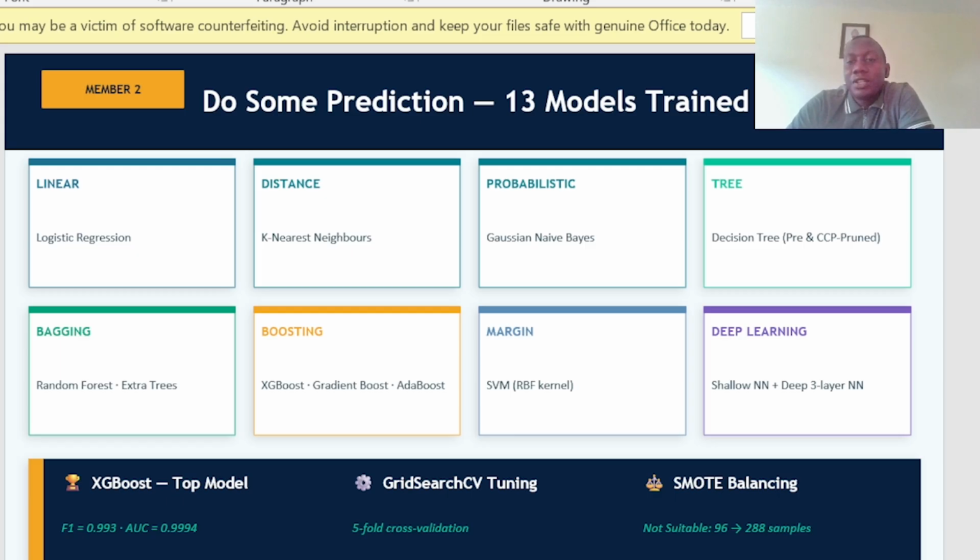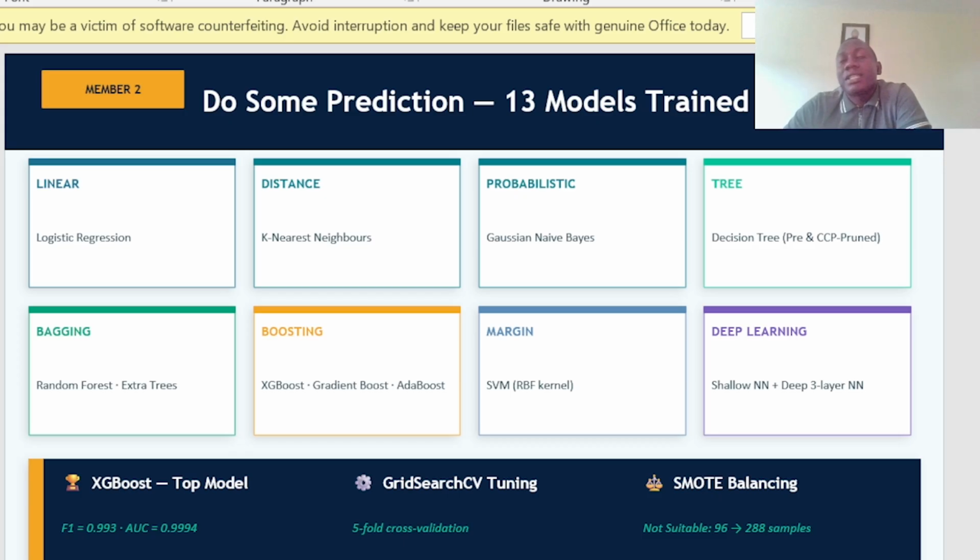And finally, we trained 2 neural networks, a shallow single layer network and a deeper three layer network with batch normalization. Every model was trained using grid search with 5-fold cross-validation, so we're always selecting the best hyperparameters without touching the test set.